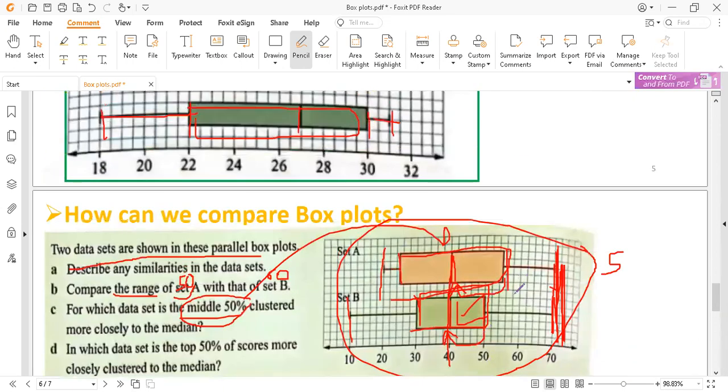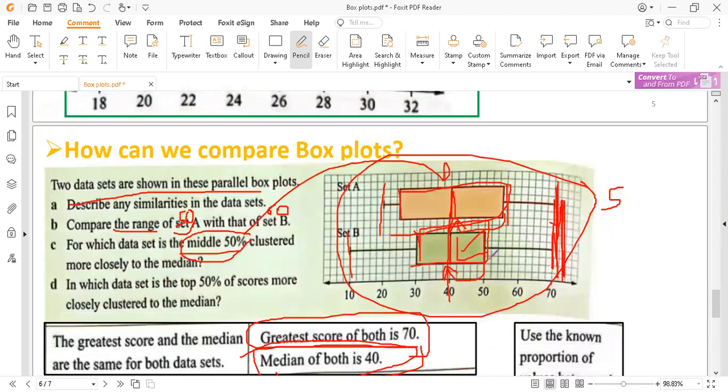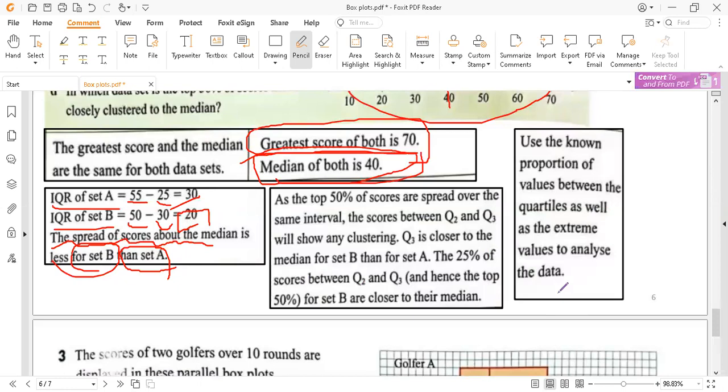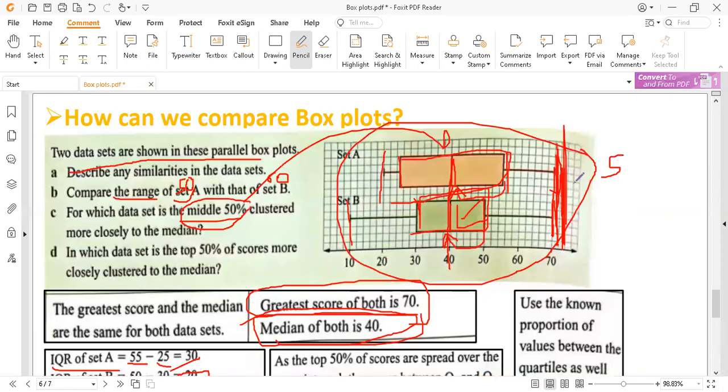As I said before, we base our comparison on the 25% located between the median and Q3, because both sets have the same highest score.